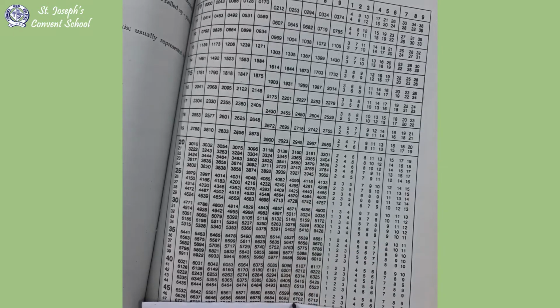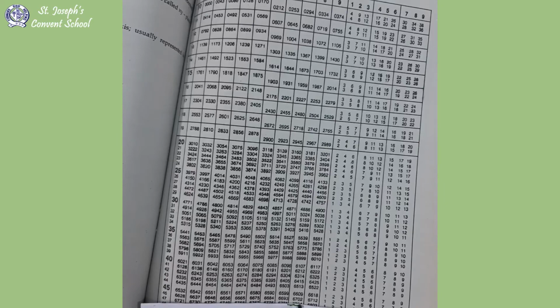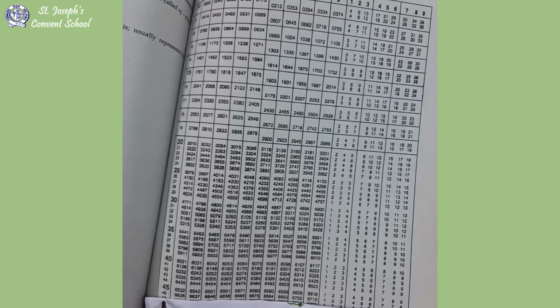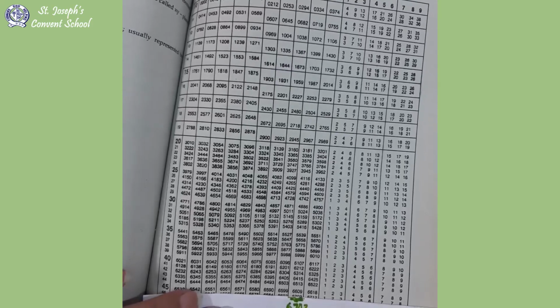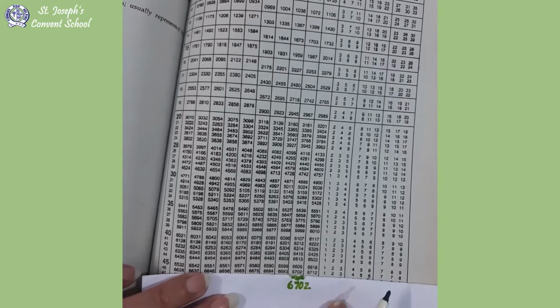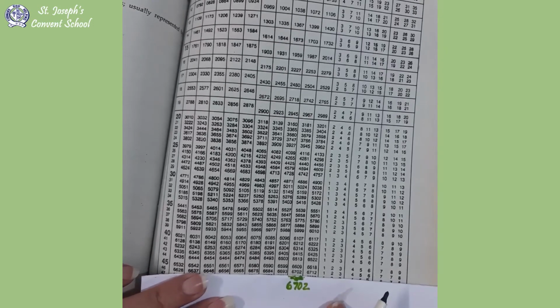We take the value where 46 and column 8 intersect. This value you will write: 6702.